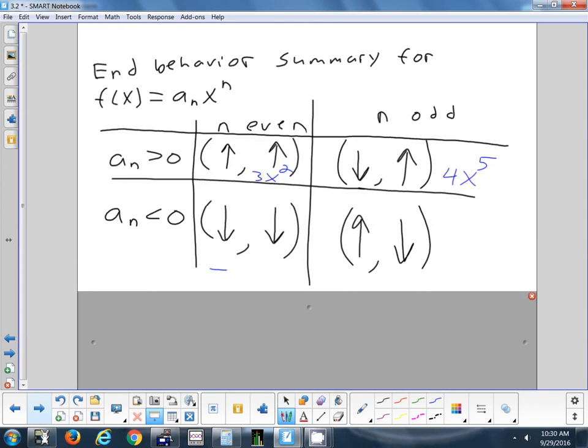Negative coefficient, even exponent. An up, down. That's a negative coefficient, odd exponent. So just by looking at the coefficient and the exponent of the highest degree term, you can tell what the end behavior is going to be.